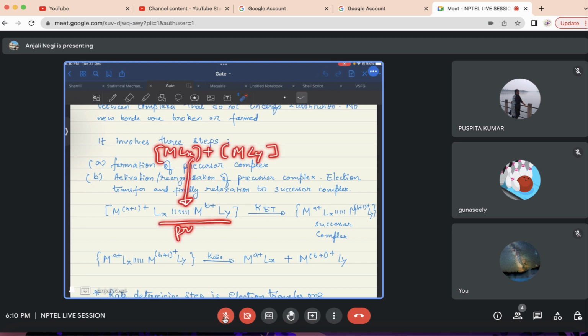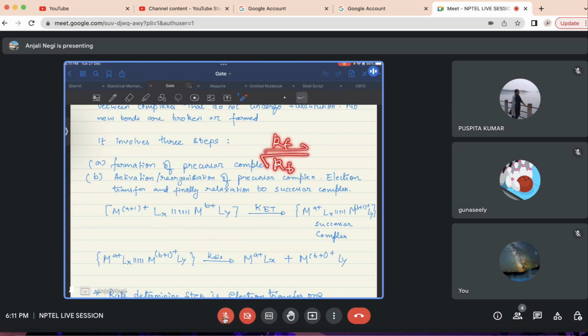This is an equilibrium step, K forward here and K backward here. And this is my precursor complex.